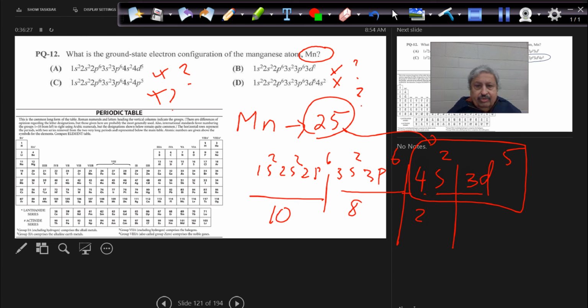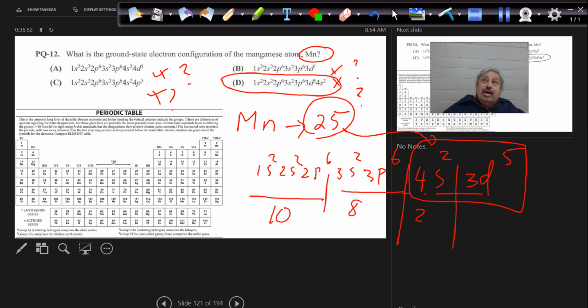So which one is correct, guys? This one's correct because it has 3d5 4s2. Yeah, this one's correct. Okay, guys, so that's what you have to memorize.